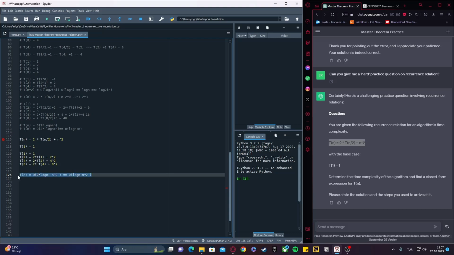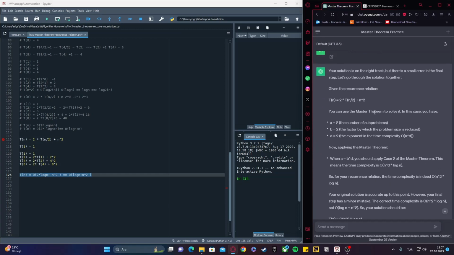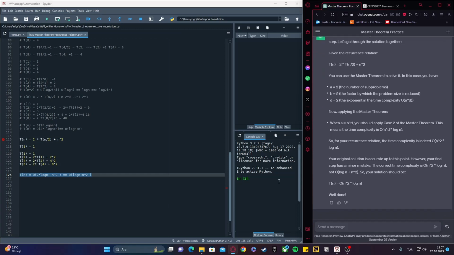So let's ask ChatGPT, is it true? I found it like this. Is it true? On the right track, but there's a small error in the final step. N over 2 times log n. Actually, there is a simplifying step.